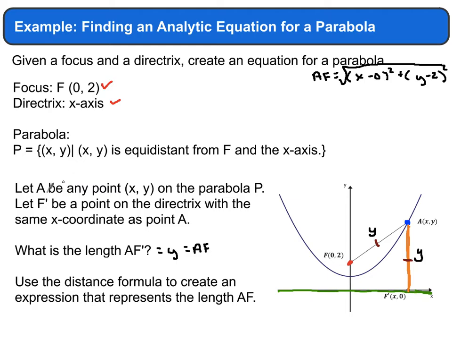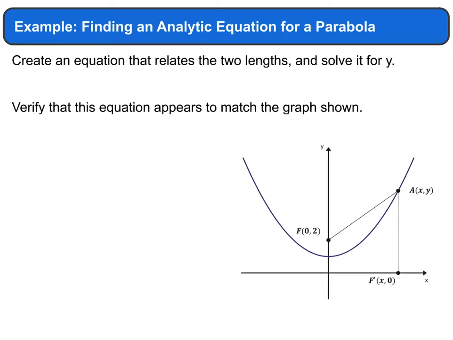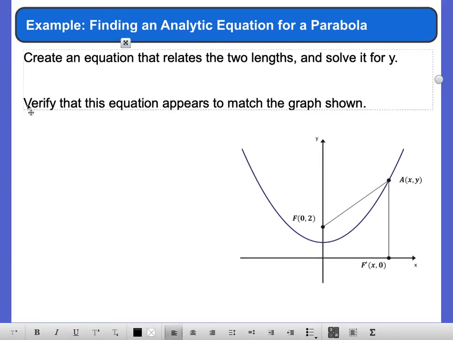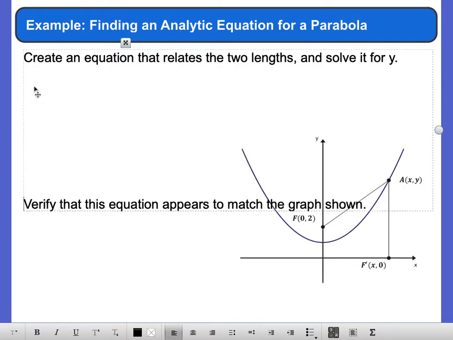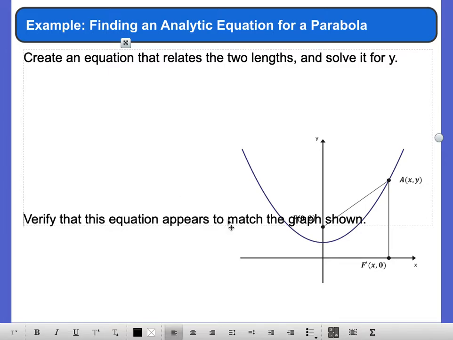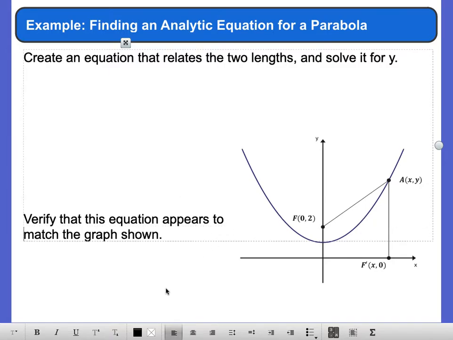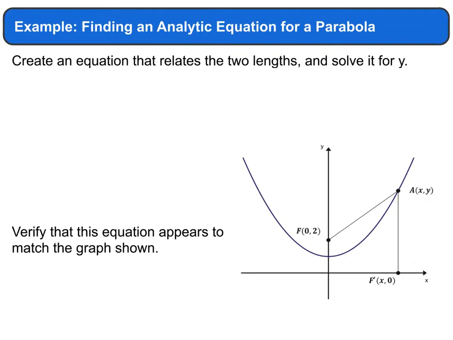Now, looking at that and focusing on that, that's going to take us to page 177, where they're going to tell us to create an equation that relates the two. So we're going to move this out of the way real quick. And so here's where we left off again.